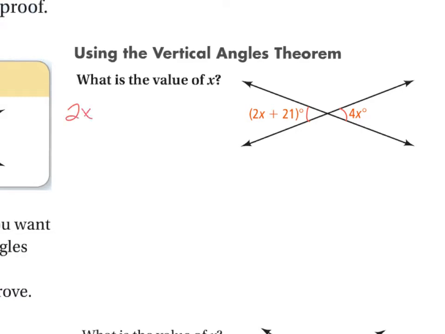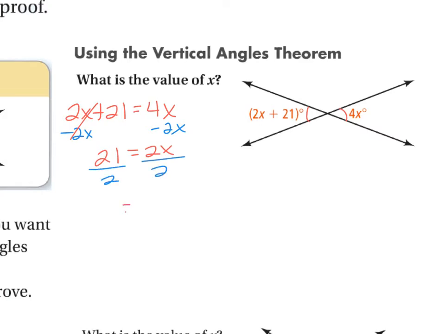Let's set up our equation: 2x plus 21 equals the other angle, which is 4x. Let's solve it. I'm going to subtract 2x from both sides. I have 21 equals 2x. Divide by 2, divide by 2. x equals 10.5, which is what 21 divided by 2 is. And that's it.